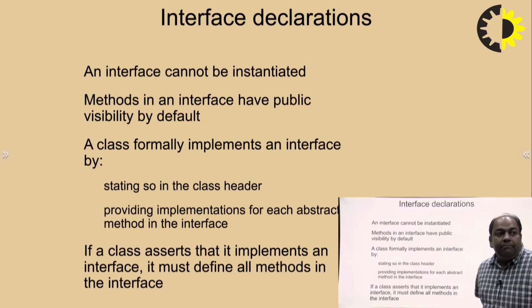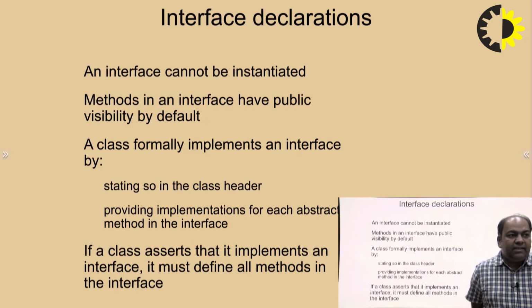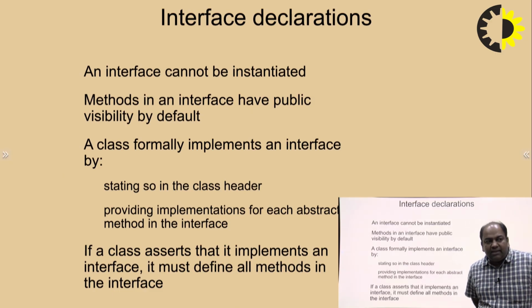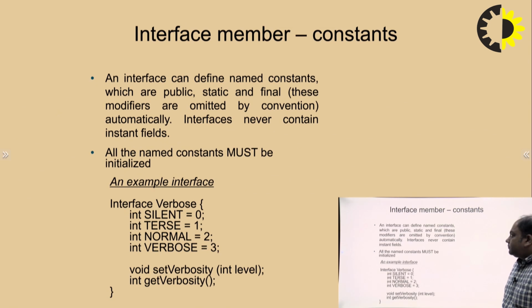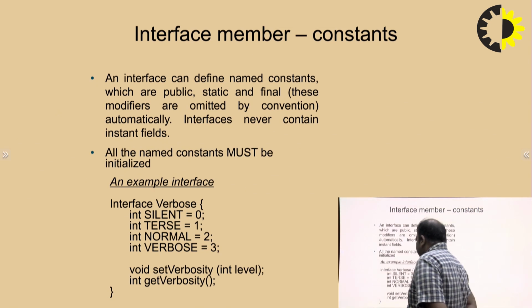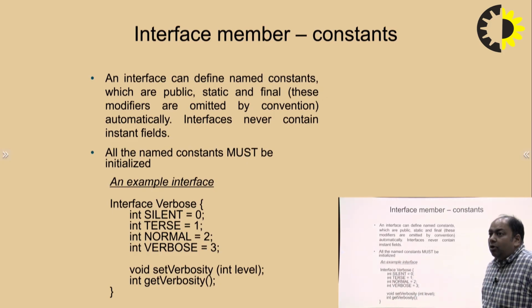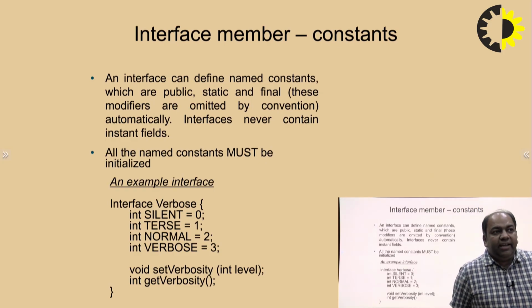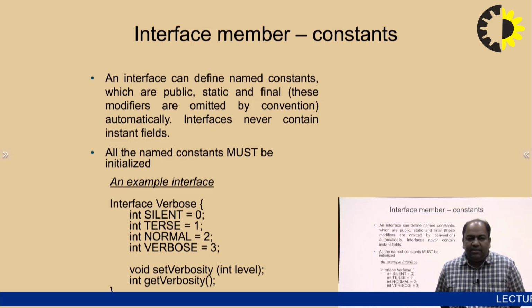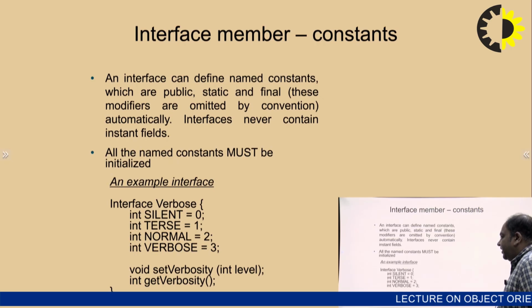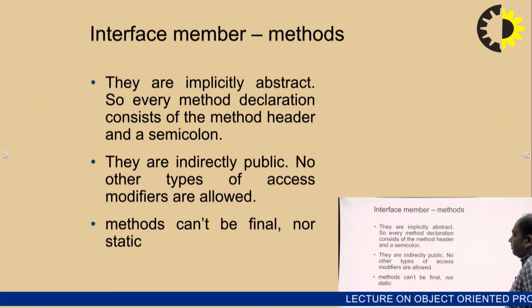So the interface is implemented by stating the class header and implementing each abstract method in the interface. Their members can be constants, like I wrote in those examples. The name can be anything, and all the constants must be initialized. The interface can define named constants, which are public, static and final, and an interface never contains instance fields.